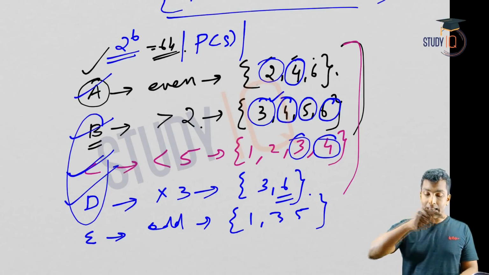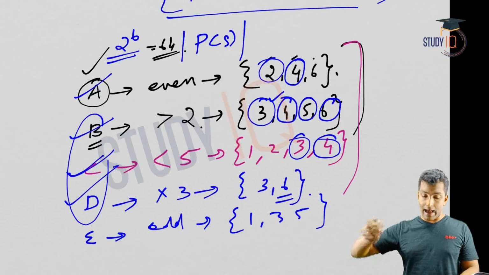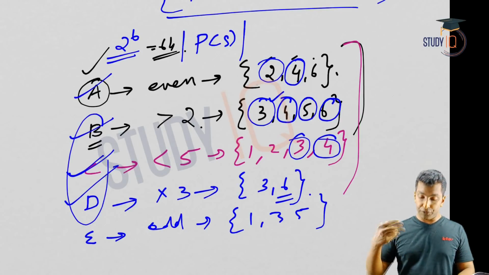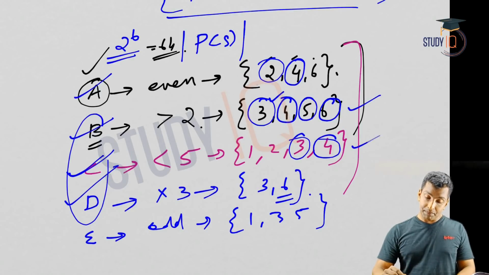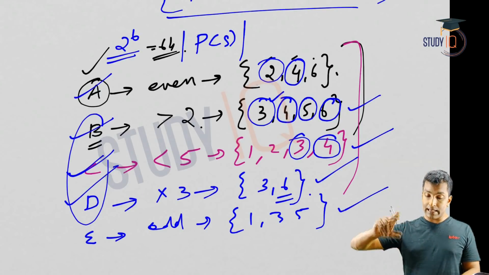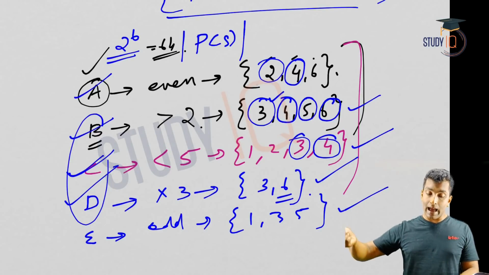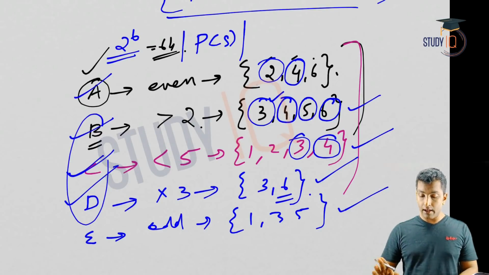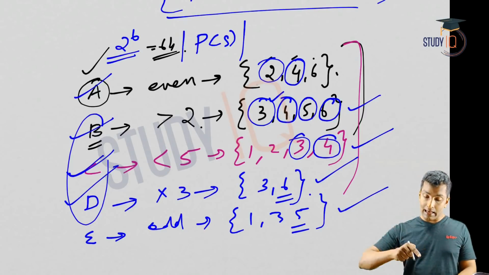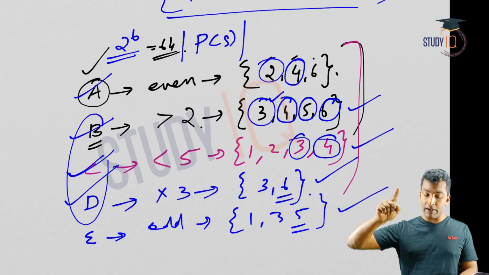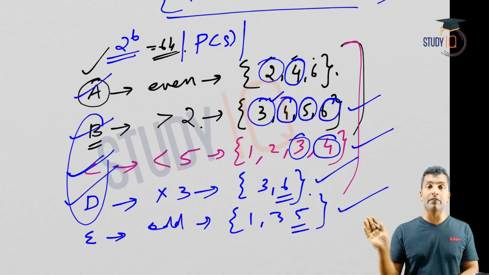So you'll say C and E occur if 1 is your outcome and not A, B, D. If 3 is your outcome, you can see 3 in B, 3 in C, 3 in D, 3 in E. So if 3 is your outcome, B, C, D, E events occur and not A. If 5 is the outcome, you can clearly see 5 is an elementary event which is favorable to B and E. So you will say event B occurs, event E occurs, but not A, C, D events.